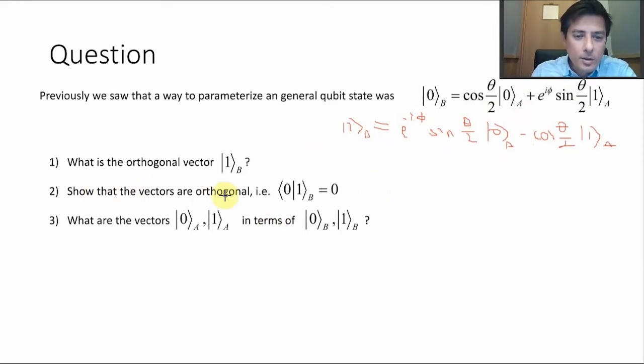Okay, show that the vectors are orthogonal. All right, fine. So let's calculate 0 and 1 for Bob's states. Okay. All right, so we need to take this term, and then we need to firstly make the conjugate vector.